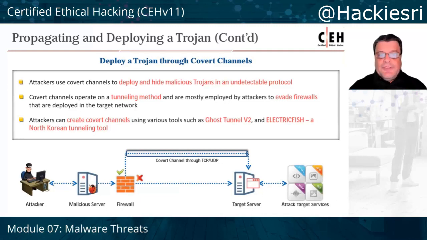Attackers can create covert channels using various tools such as Ghost Tunnel version 2, Electric Fish, a North Korean tunneling tool. At the bottom again, we see a small flowchart showing exactly how this process works with an attacker using a malicious server to penetrate the firewall. Because a covert channel remains undetected, then it infests the target server and from there attacks the intended target.